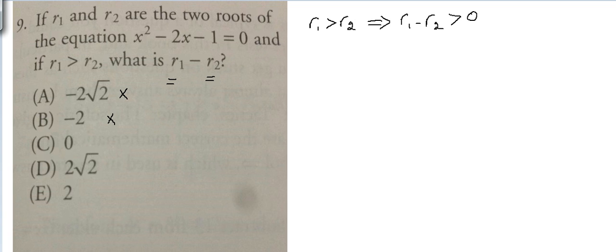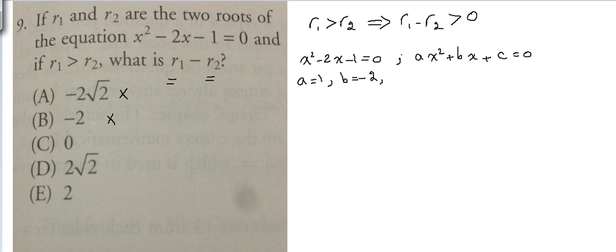For sure, we solve the quadratic equation x squared minus 2x minus 1 equals 0, right? It's of the general form of a quadratic equation, ax squared plus bx plus c. Here in the equation given, a is equal to 1, b is equal to -2, and c is equal to -1.